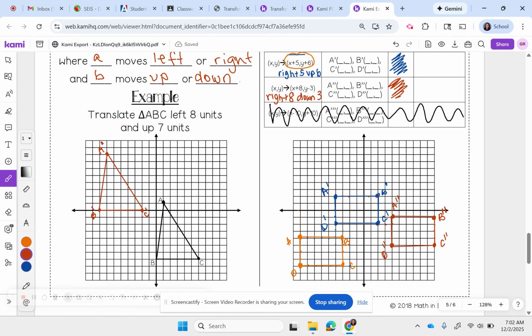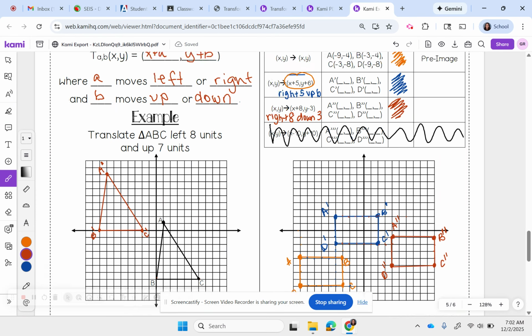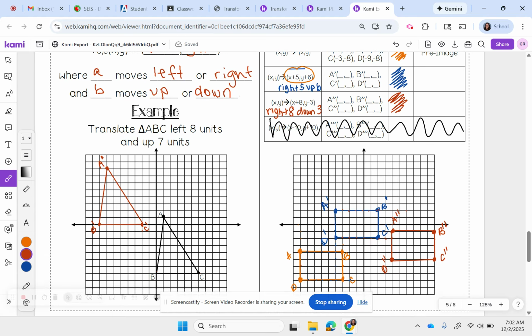So the last thing that it wants us to do is put the coordinates in, so you guys can follow along with me. On my blue, it wants the coordinates. So for A, we're looking at this point right here.